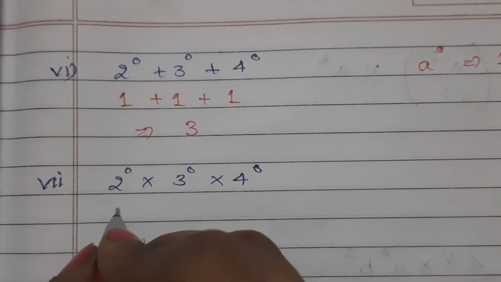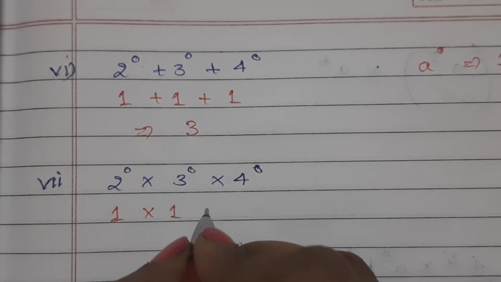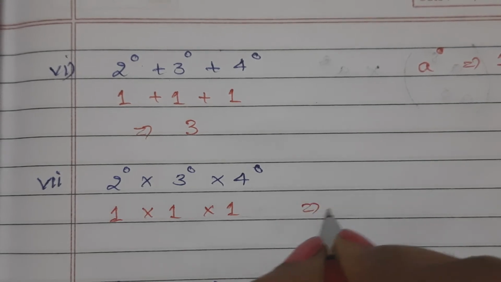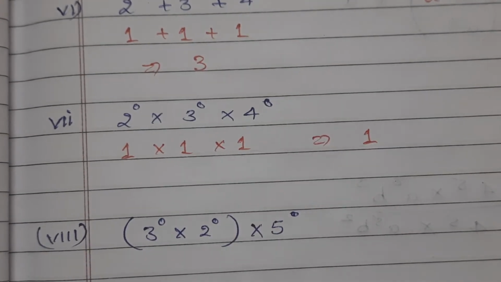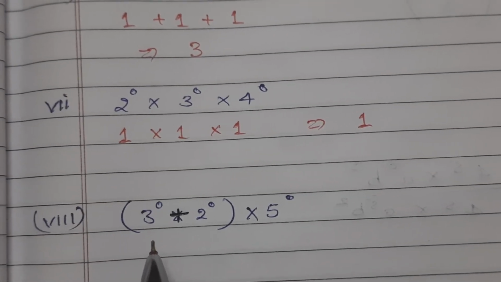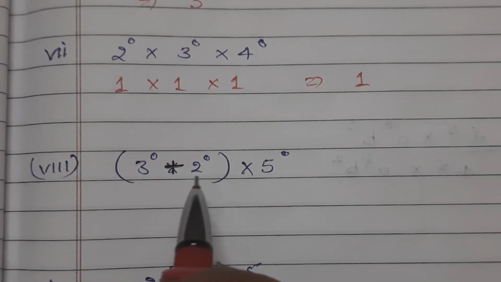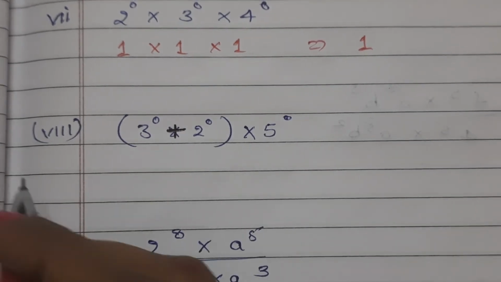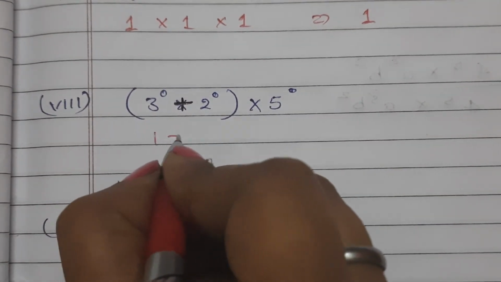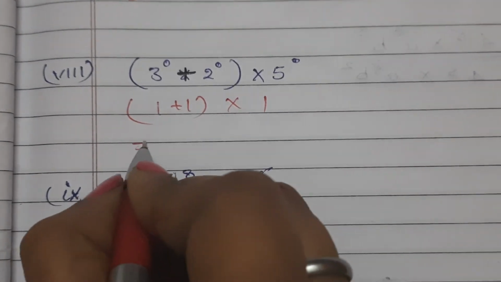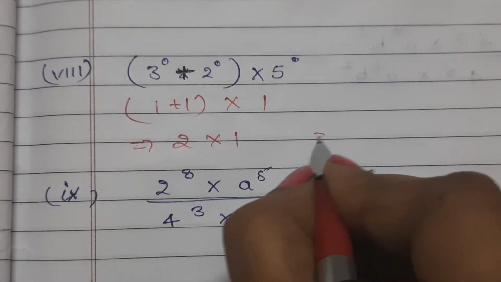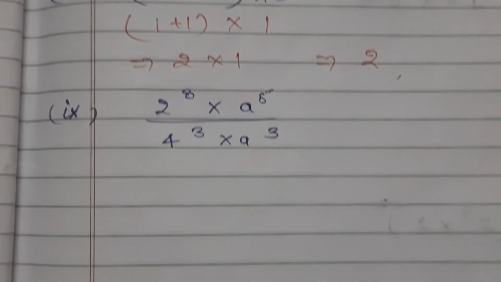It will be 1 into 1 into 1. The answer is 1. Next one is 3 to the power 0 plus 2 to the power 0 multiplied with 5 to the power 0. So it will be 1 plus 1 into 1. So it will be 2 into 1. So the answer will be 2.